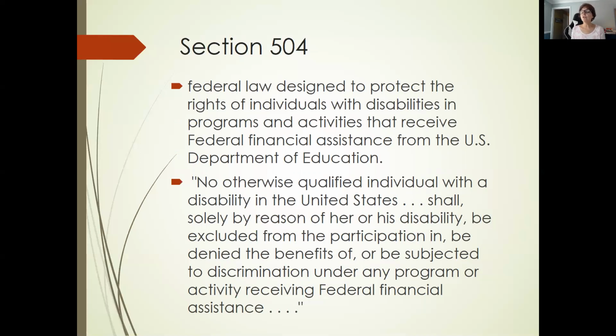This includes all public school districts or divisions, depending on how the state defines their school systems. And that includes sports, because the sports receive federal funding. Colleges and universities receive federal funding, so they also cannot discriminate against those students.